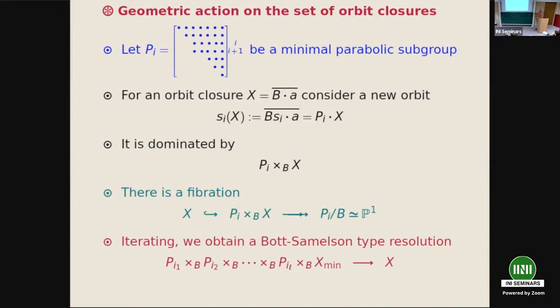And there is a morphism from the twisted product. So suppose X in the beginning was smooth. If you create this twisted product, you again get something smooth. And you also have a fibration. X is a fiber, this is the twisted product, and this maps to P1. So this is a fibration over P1.